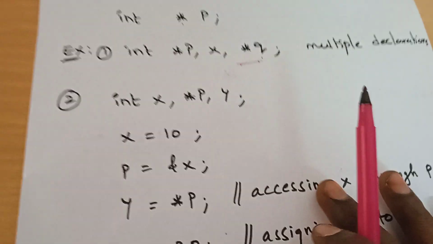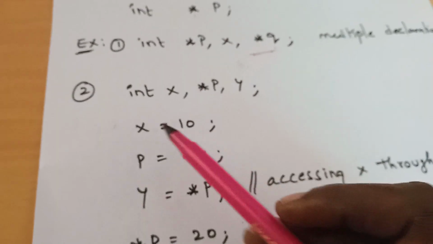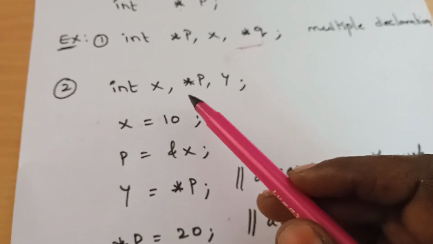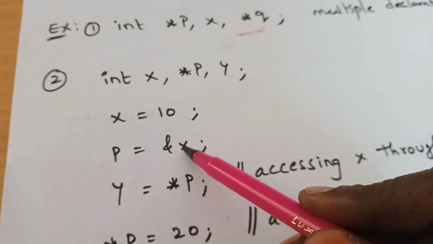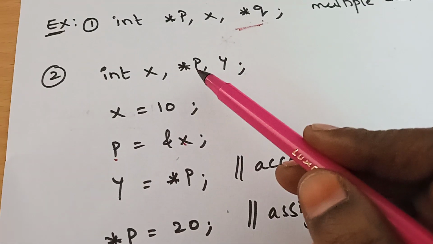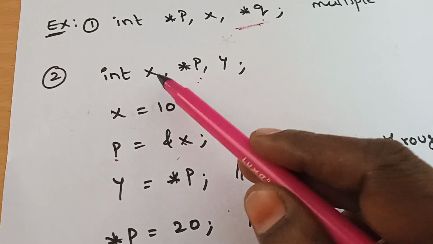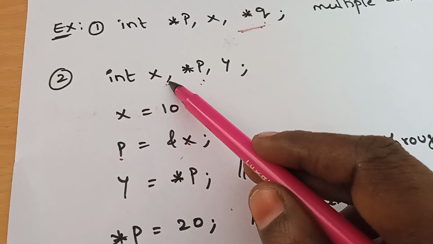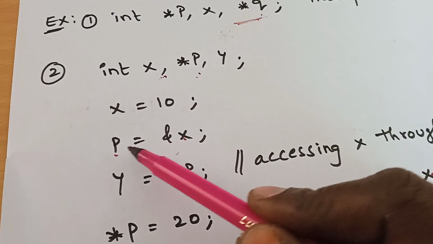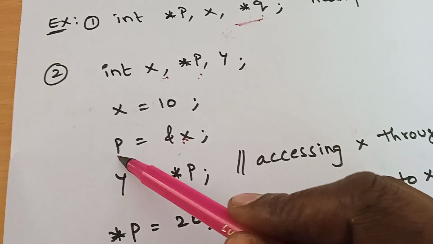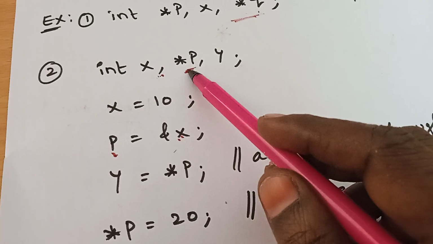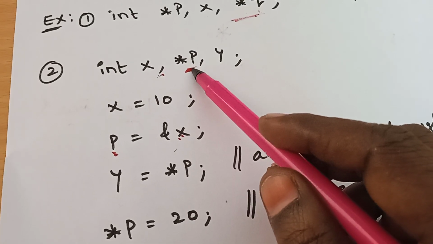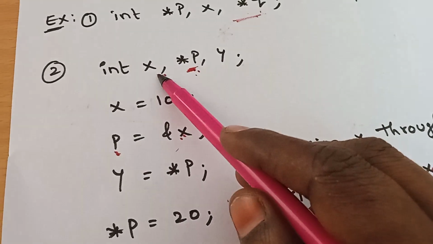And now look at this. Int x comma star p. The moment you want to put the address of x into p, before you declare star p variable in the program, you have to declare x.